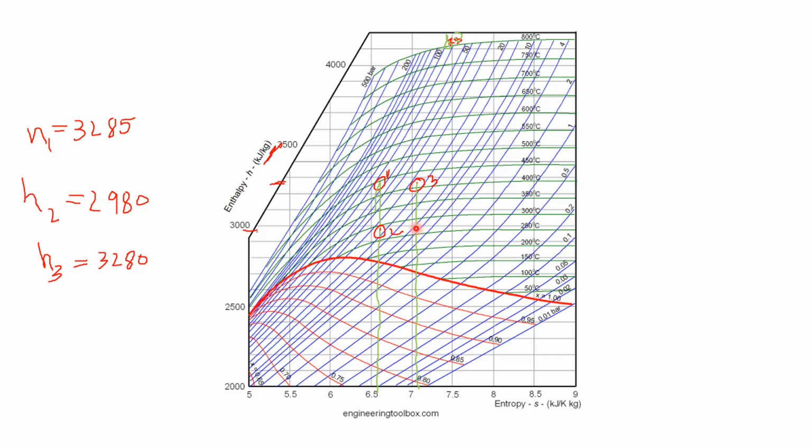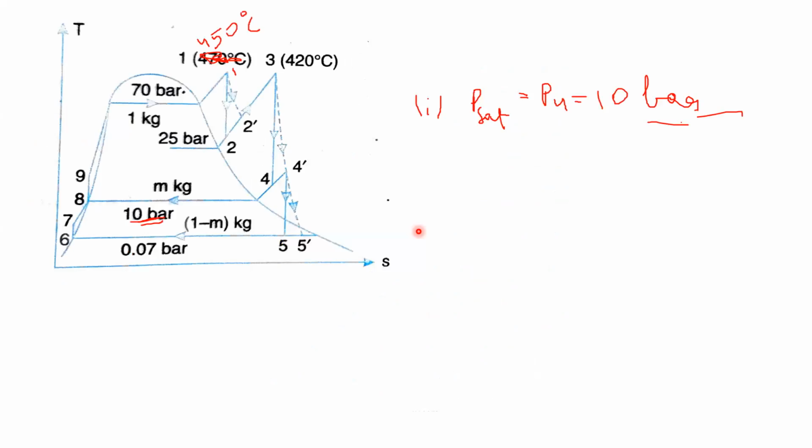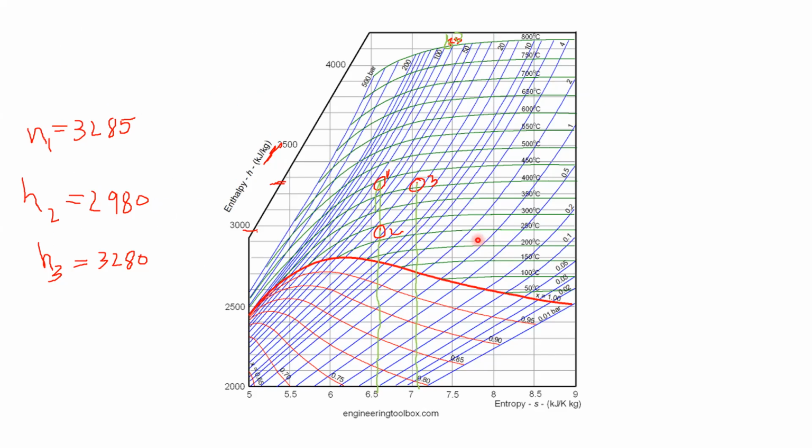For this we already know the temperature also. The steam blade is taken at 180 degrees centigrade. Then what is happening at 10 bar? This line may touch at this position.